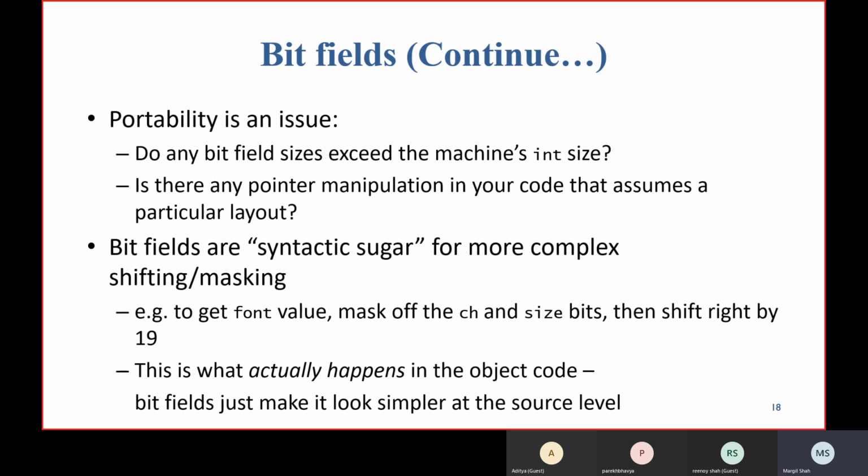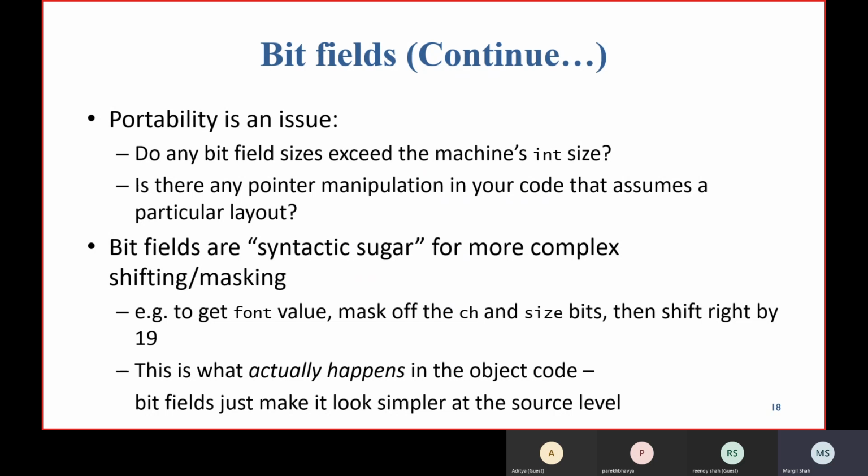Okay, portability is an issue. Does any bit field size exceed the machine's integer size? Is there any pointer manipulation in your code that assumes a particular layout? Bit fields are syntactic sugar for more complex shifting and masking.